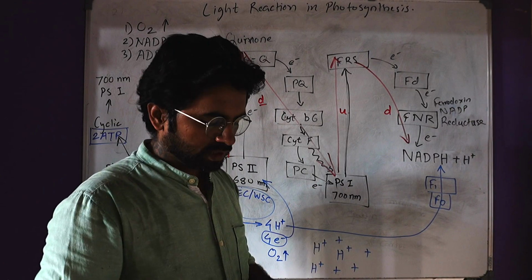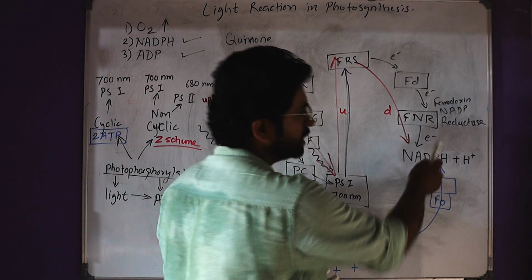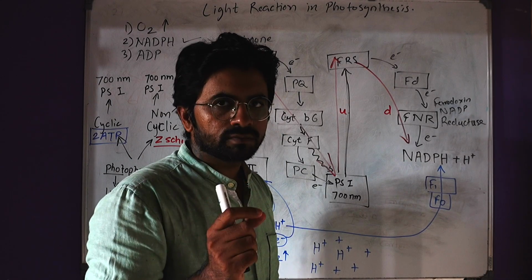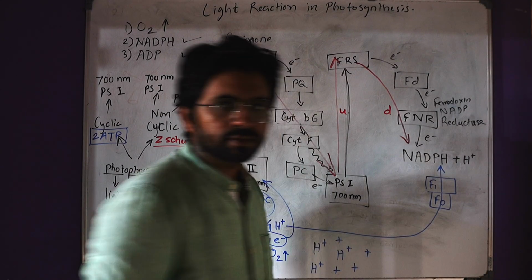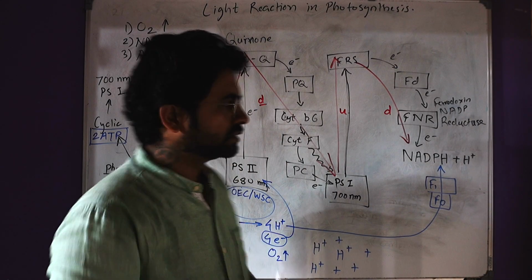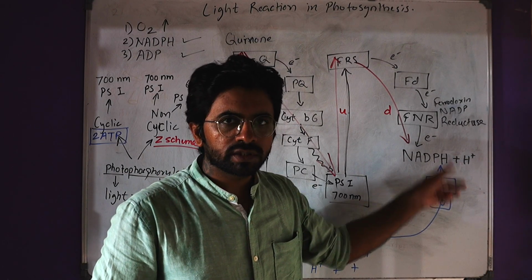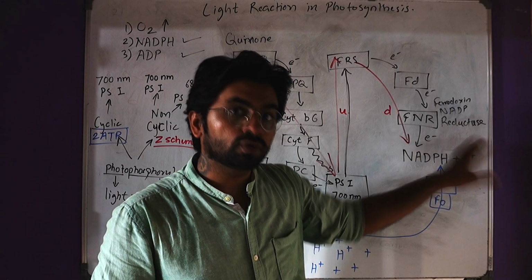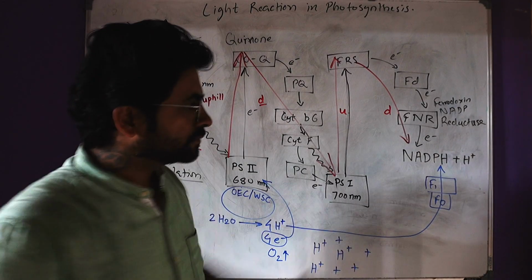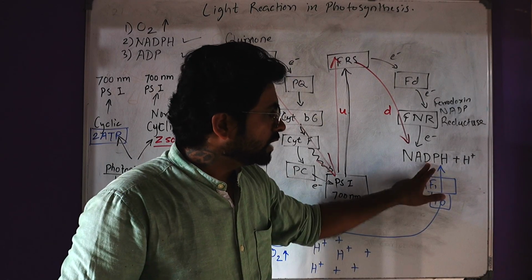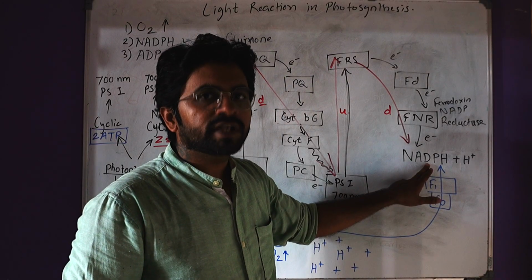Now NADPH means only one proton was interacting with the negative charge. So there can be formation of NADPH, there can be formation of NADPH2 also. NADPH is the product we were expecting.